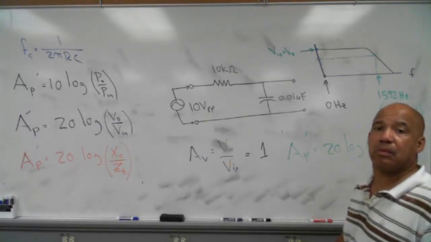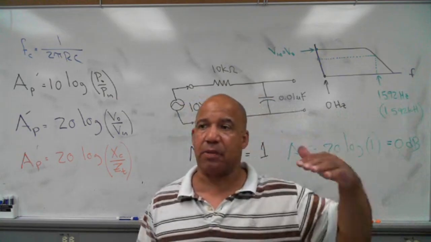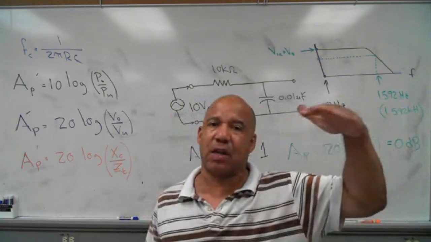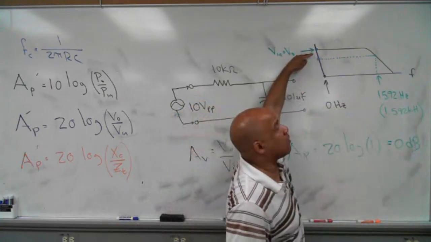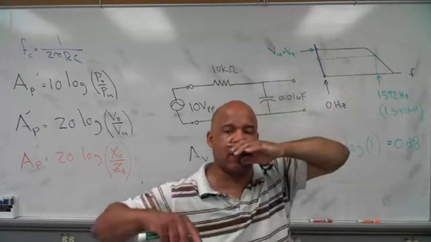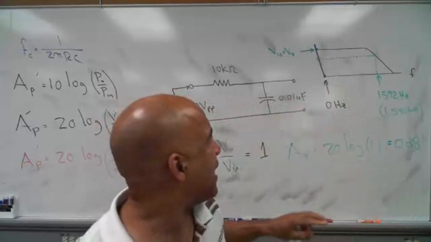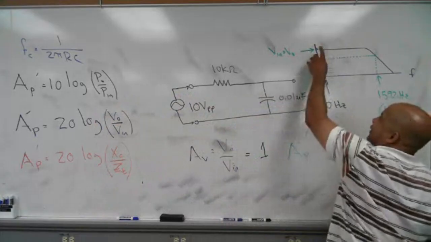Now, don't be bothered by a 0 dB. 0 dB, it's not the starting point. It's like, if this was 0 dB, then I can go down to this. Oh, you know what? Two things. I didn't say this. If I look at this, remember I said this axis can be in gain.